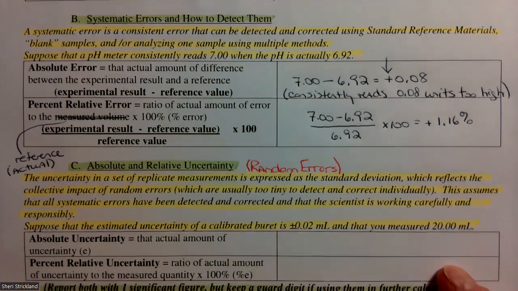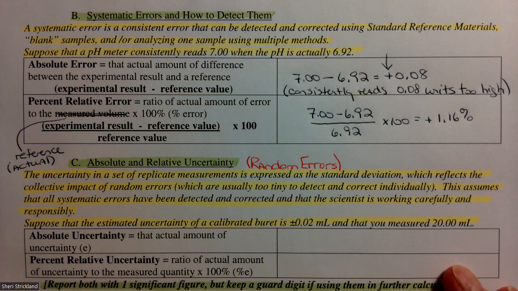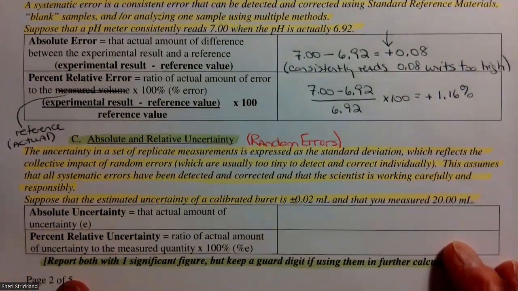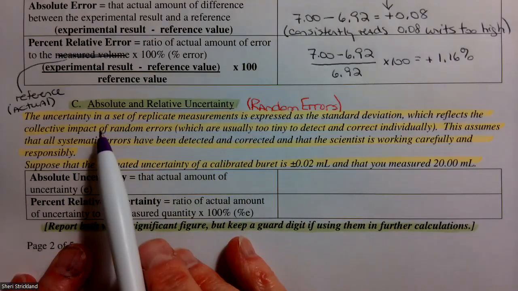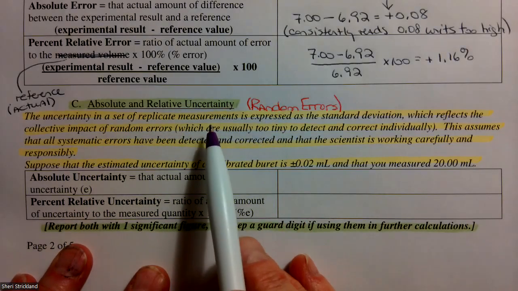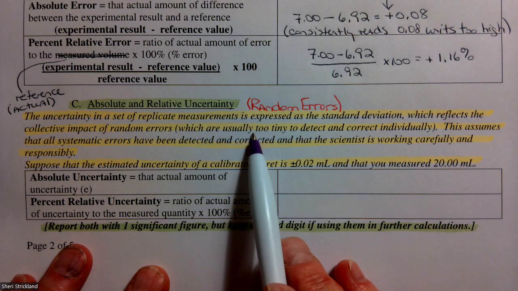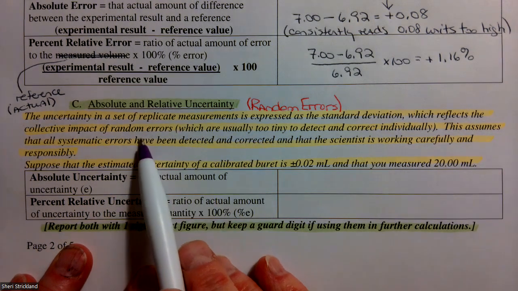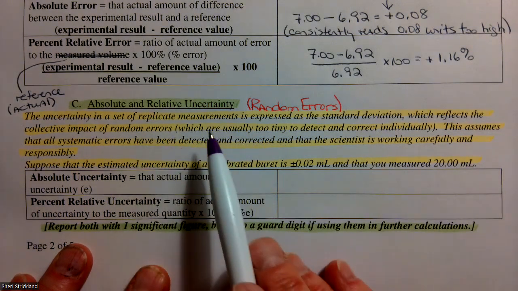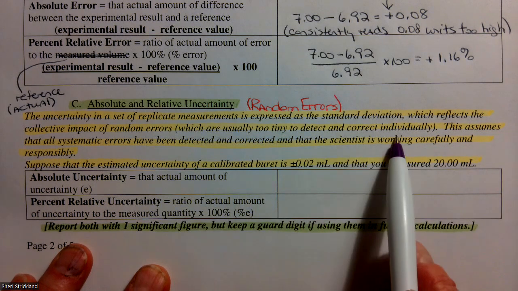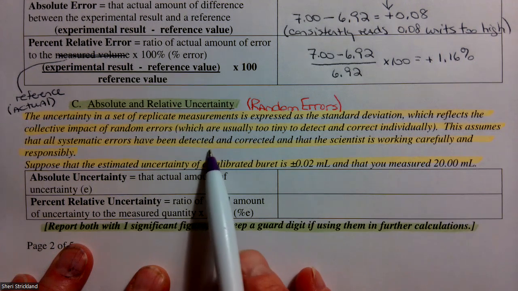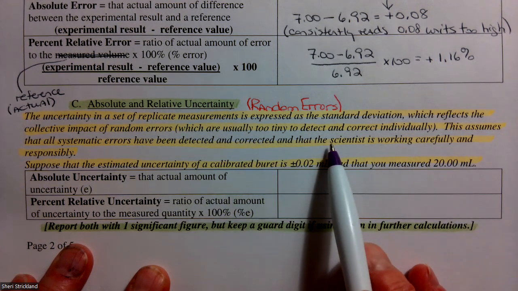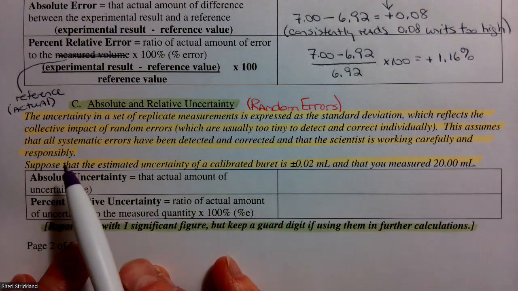Now, let's come down here and talk just a little bit about absolute and relative uncertainty. Okay, with random errors, the uncertainty in a set of replicate measurements is expressed as the standard deviation, which reflects the collective impact of random errors, which are usually too tiny to detect and correct individually. This assumes that all the systematic errors have been detected and corrected, and that the scientist is working carefully and responsibly.